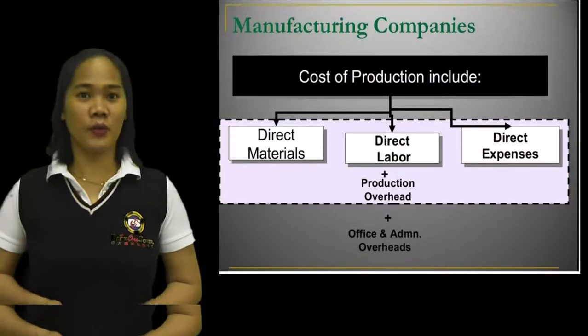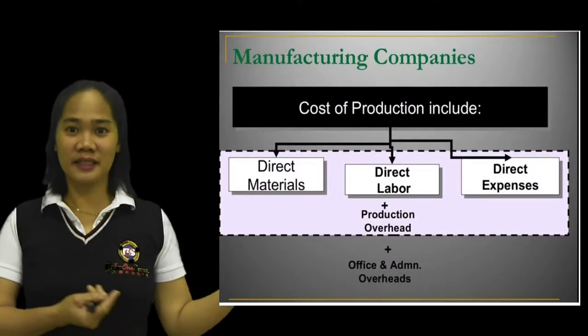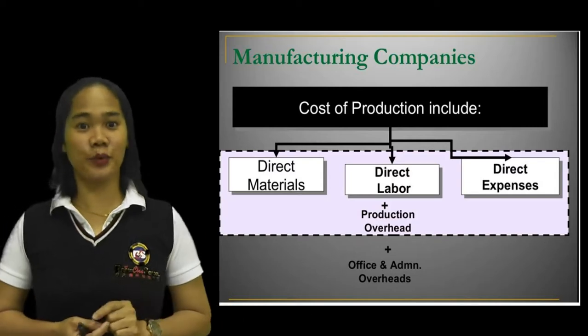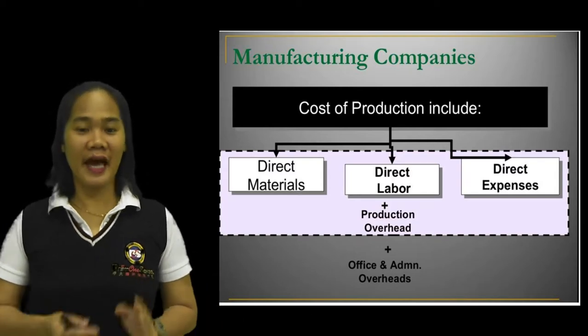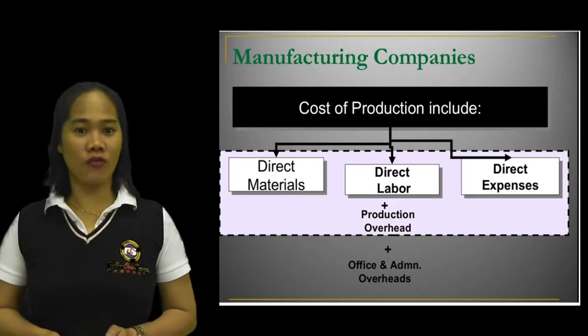Now, what does the cost of production include? Of course, we have the direct materials, direct labor, direct expenses, plus the production overhead and the office and administration overhead.